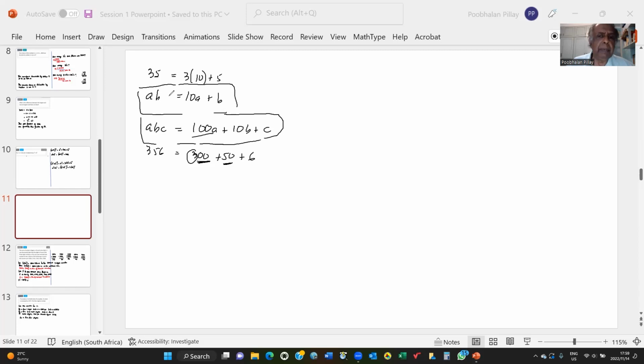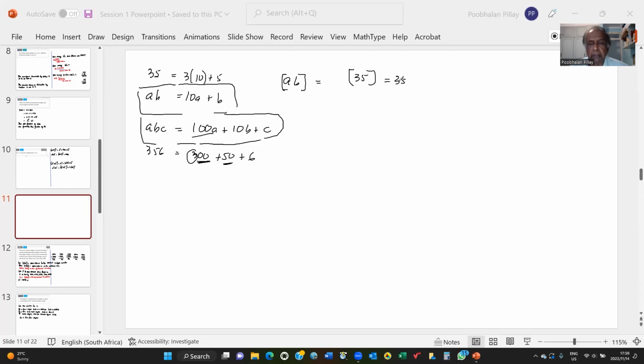The only problem is when you write down AB, it looks as if you're taking the product of these two. So this is not a very good way of writing a 2-digit number. So we have a way of writing it. When you put square brackets like this, it means we're referring to the 2-digit number. Like here, this is really the number 35.